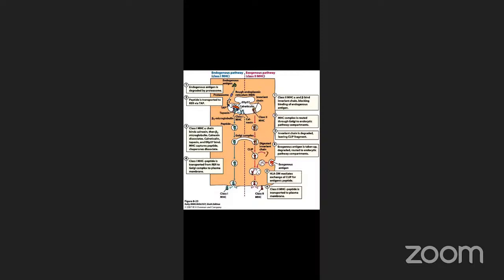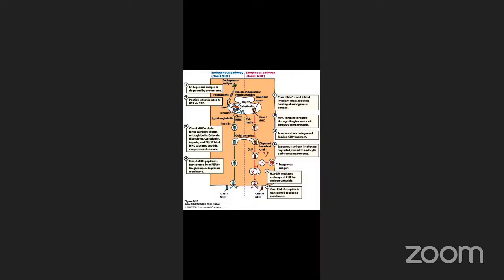Endogenous antigens are presented by the MHC molecule 1, and exogenous antigens are always presented by the MHC molecule 2. This is the pathway. The MHC molecules play a key role in presenting antigens in the endogenous pathway and the exogenous pathway.